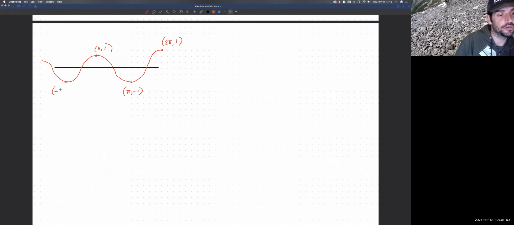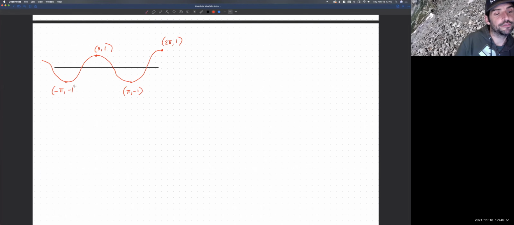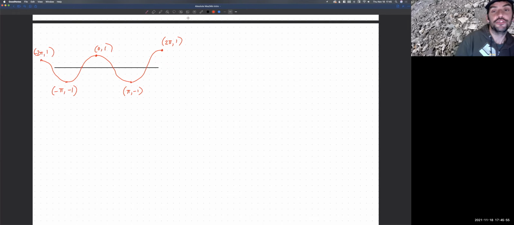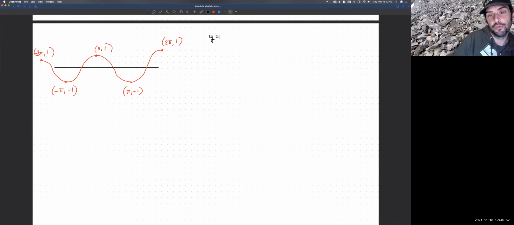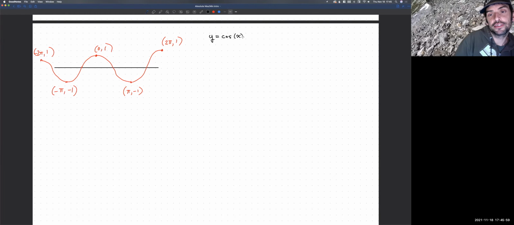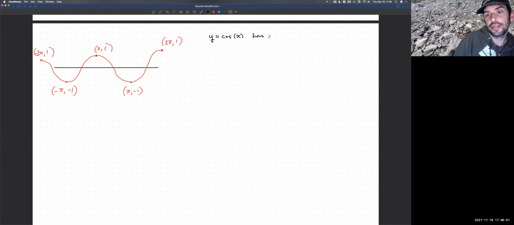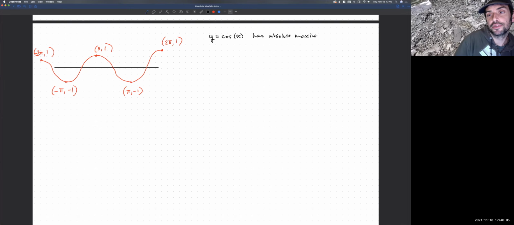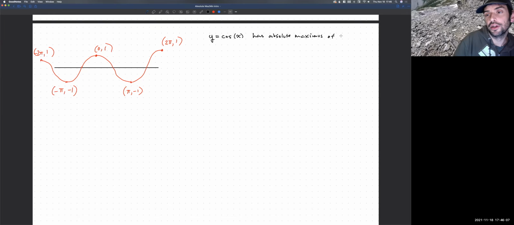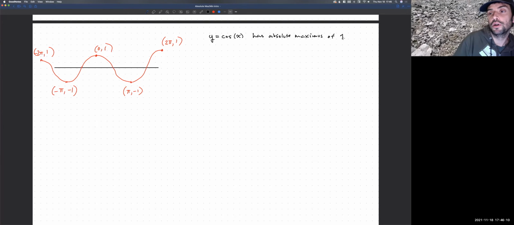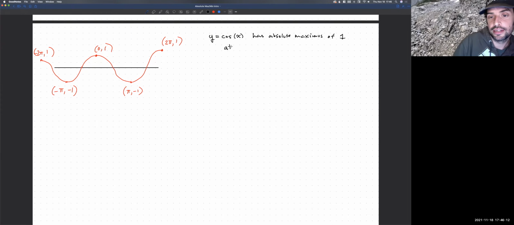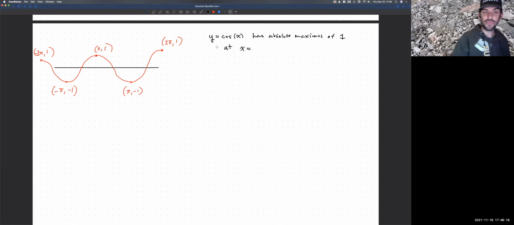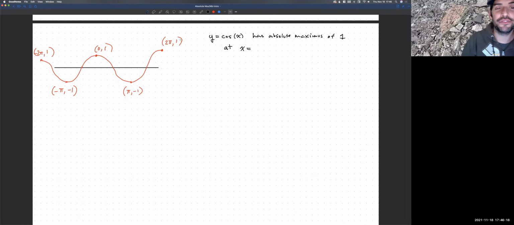We've got a minimum over here at -pi, -1, and it keeps going, right? -2 pi, 1. So we could say that y equals cosine of x has absolute maximums of 1 at x equals, notice it's just going to be all the even multiples of pi.